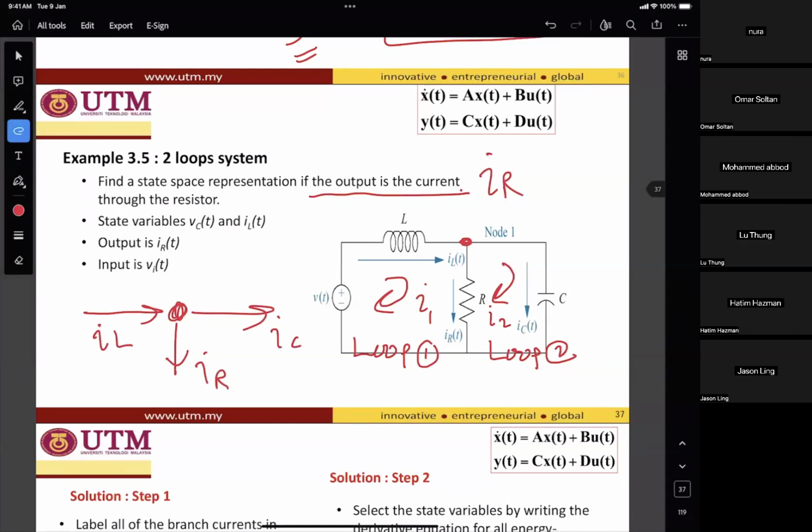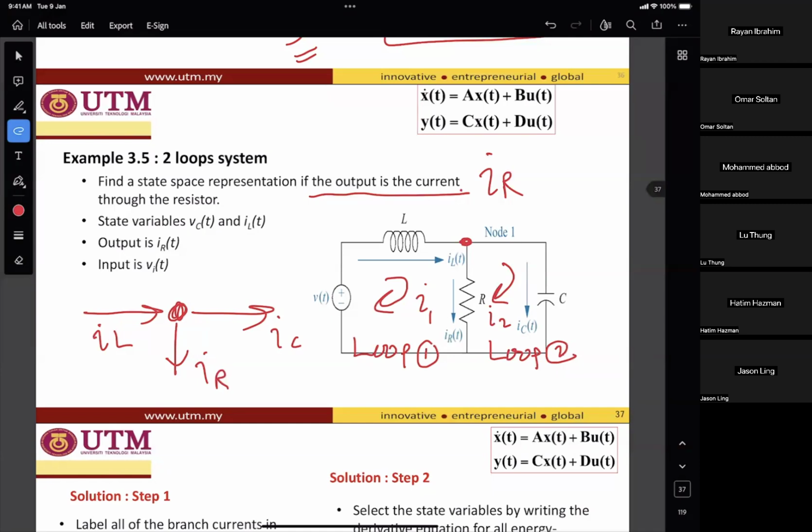Izzah, are you there? UTM or kampung? UTM. What is the Kirchhoff current law at node 1?